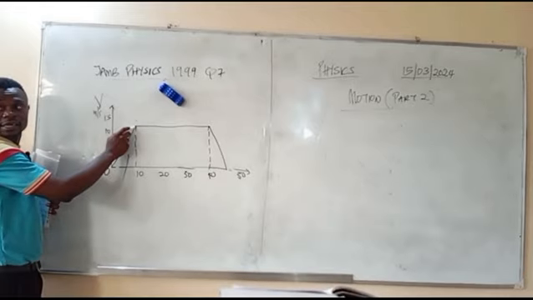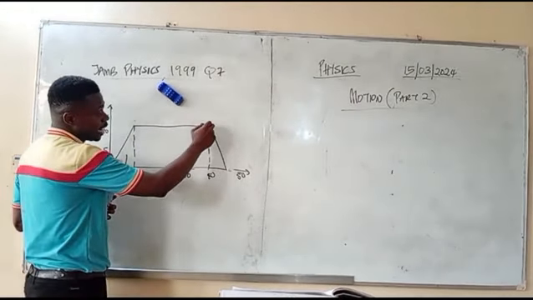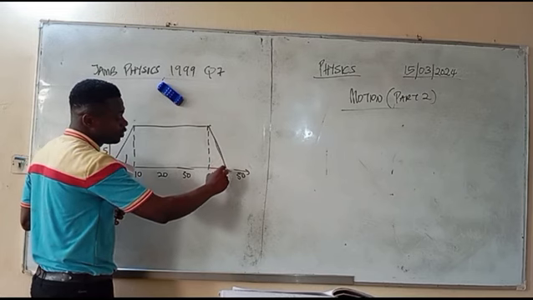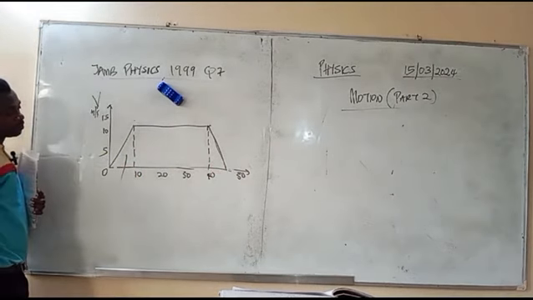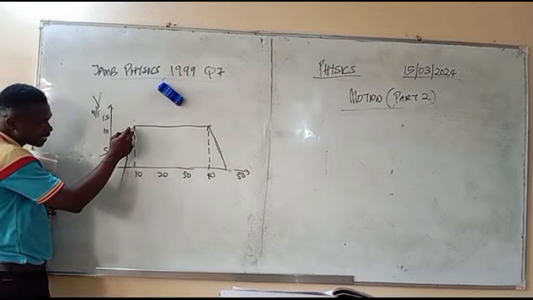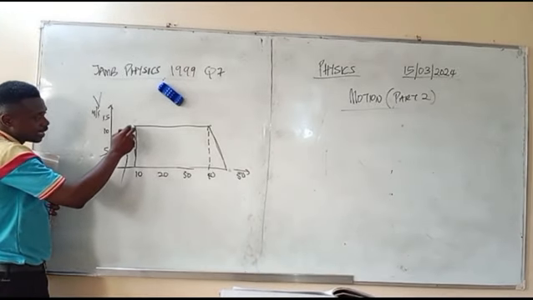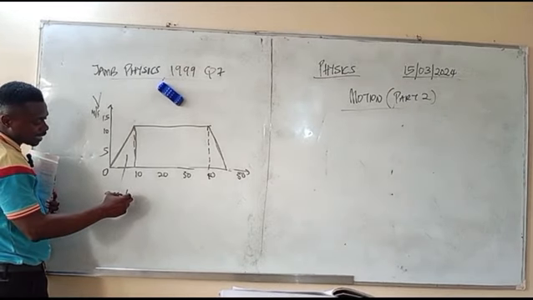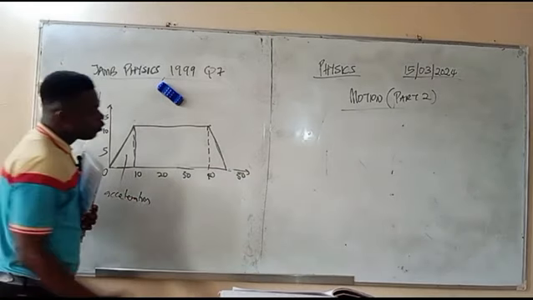This triangle here is the distance covered in the acceleration period, while the area of this triangle is the distance covered in the retardation period. So let's calculate this and add them and see what we get.